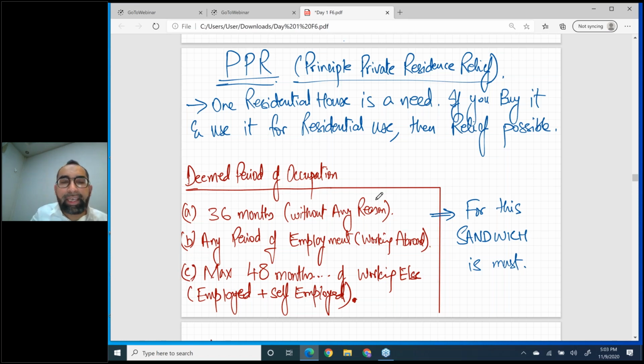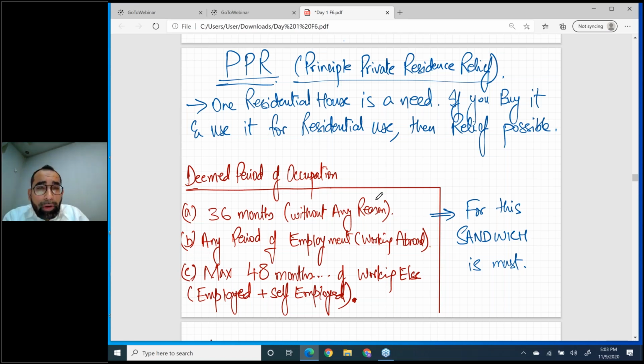So the first thing is A, 36 months without any reasons. First relief, point number A, 36 months you can go anywhere without any reason and you will get exemption. Even the tax commissioner won't ask a question from you. B point, any period, unlimited time period of employment working abroad.